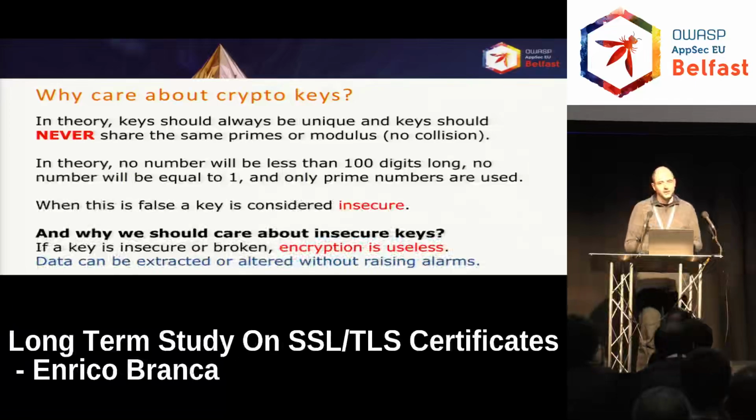Because if I take this key, since it's numbers and it's a multiplication of numbers, I can just divide your key by some numbers to get the original number, and then there is no encryption because by dividing the number, I found your original number. I can regenerate your key very easily.